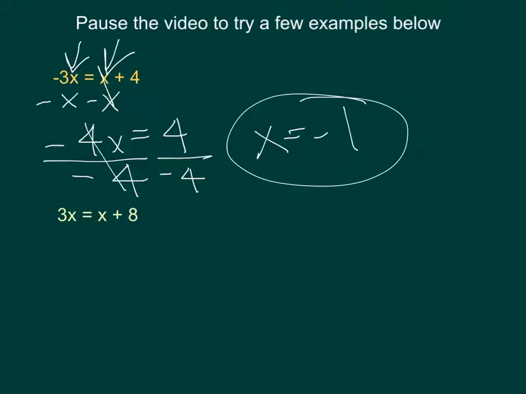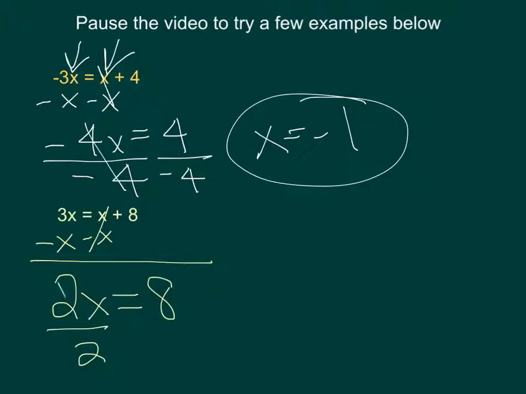For this example, there's 3x equals x plus 8. Again, you subtract x from this side, so then you subtract x from the other side, and you get 2x equals 8. Divide by 2, and get x equals 4.